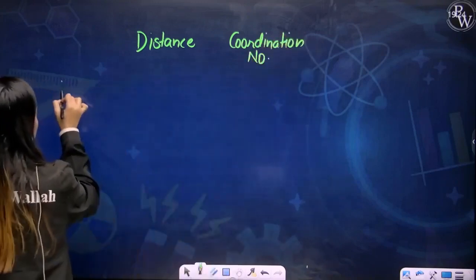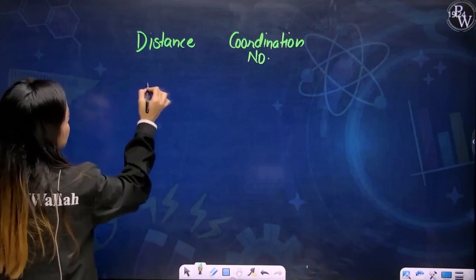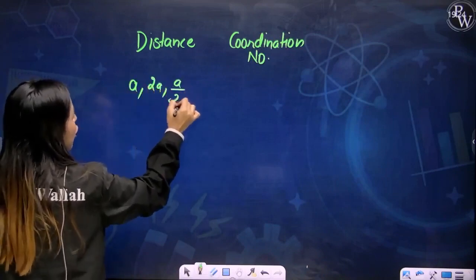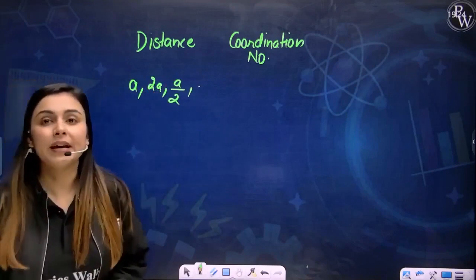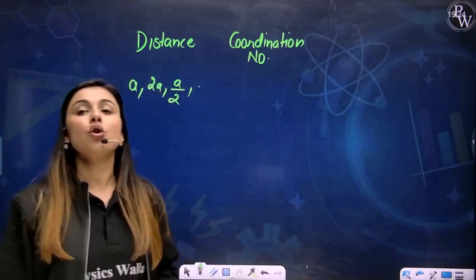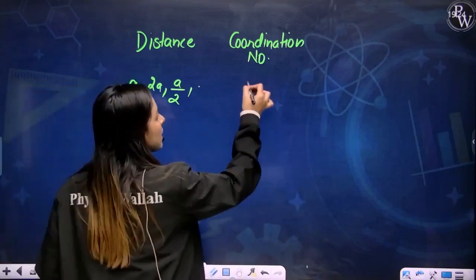Okay, so my dear students, if your distance is A or 2A or A by 2 or any multiple of edge length A, your coordination number will always come out to be 6.